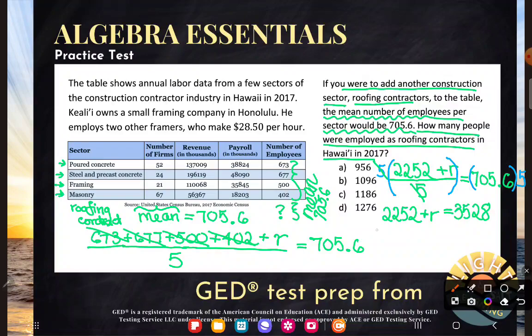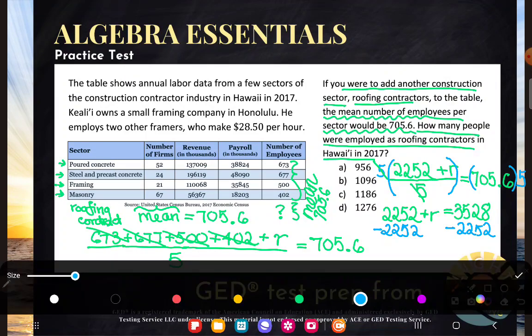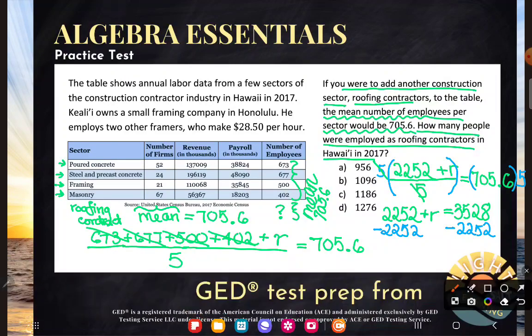It is adding with R, it is a term, so I will take it away by subtraction, since it's positive, on both sides since it's a change I'm making. And if I have 2252 and I take it away, there's nothing left there, nothing to add with R. This is just R.